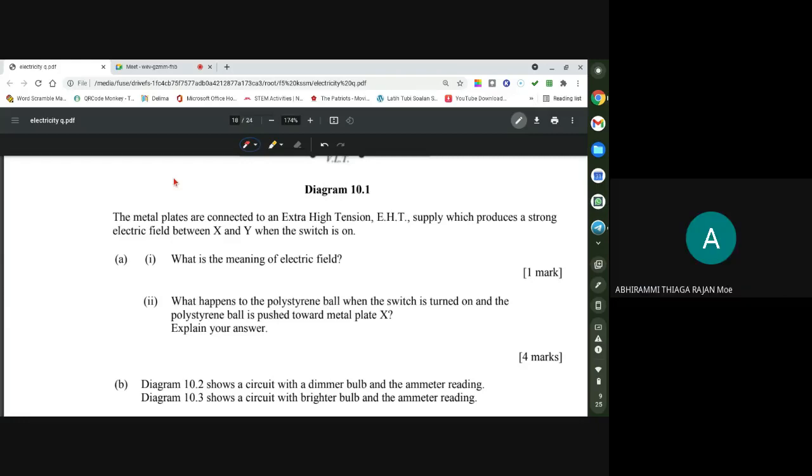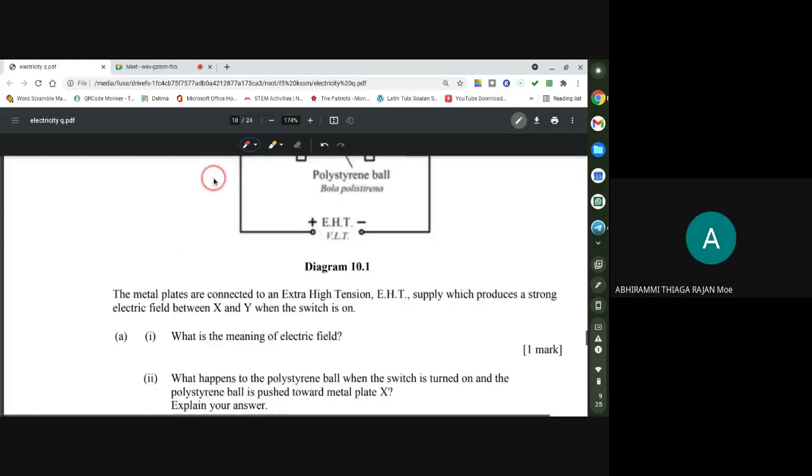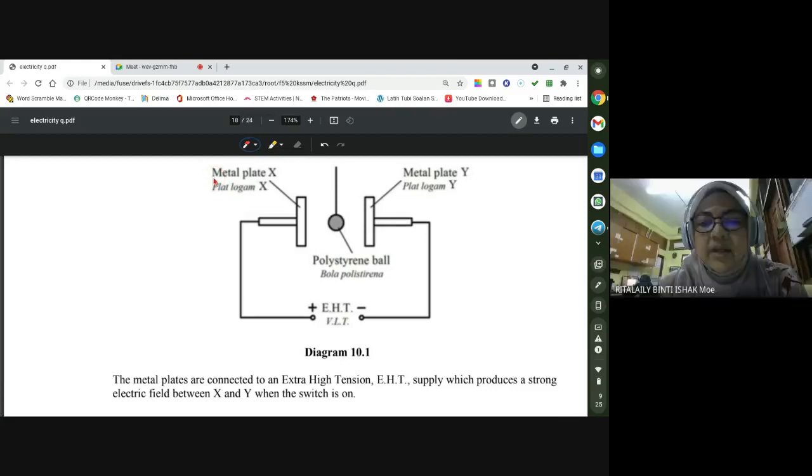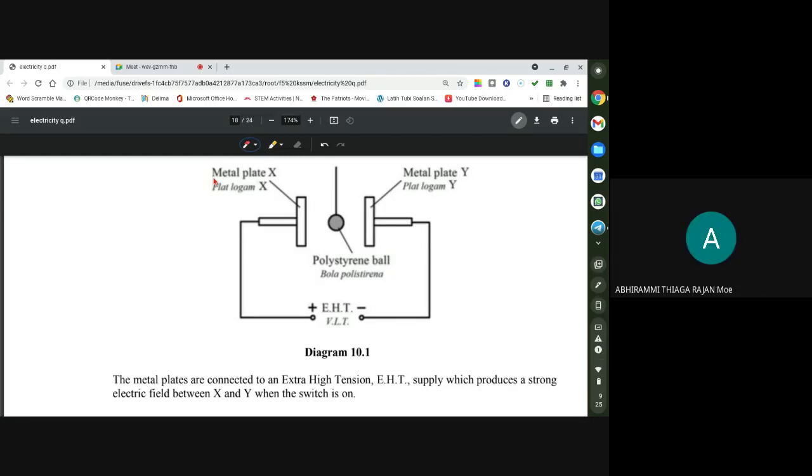So first, the polystyrene ball will be attracted towards the left side of the metal plate, and the metal plate will become positively charged when it's switched on. Then the polystyrene ball will be charged by the positively charged metal plate.